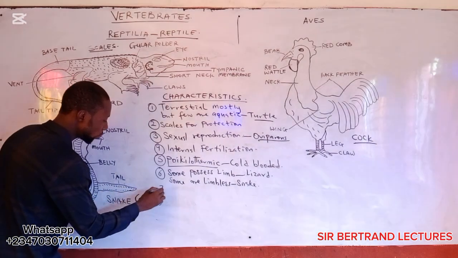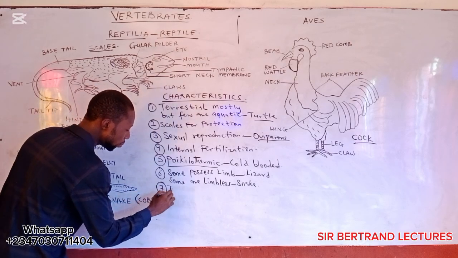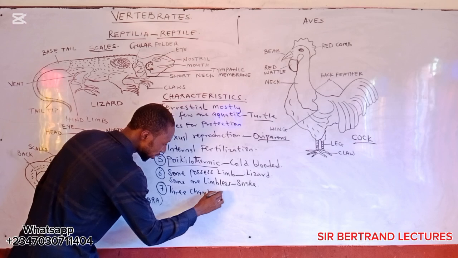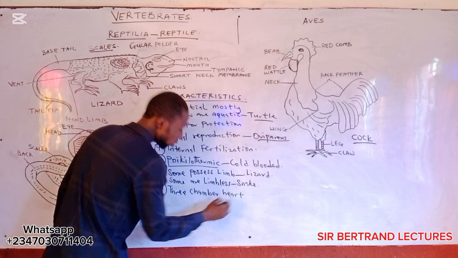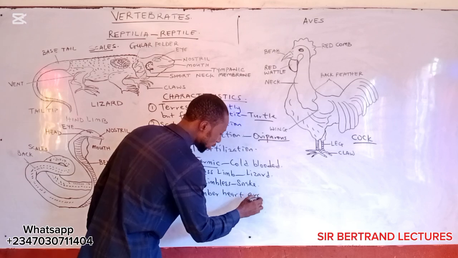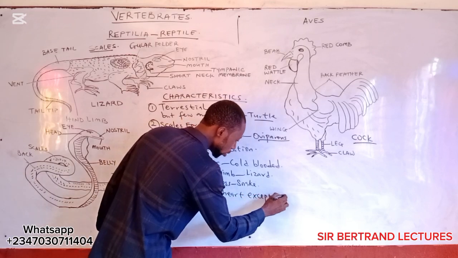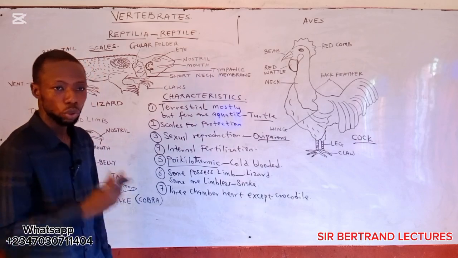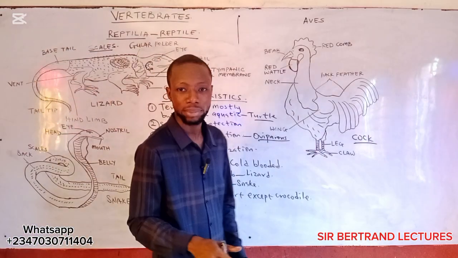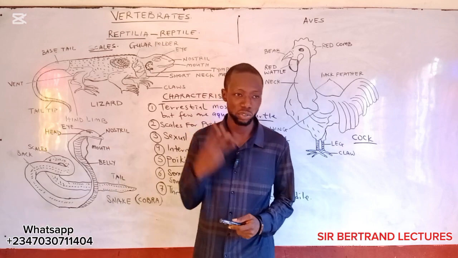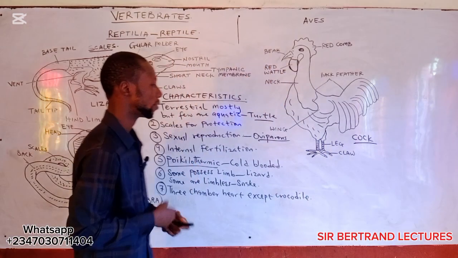Number 7, reptiles possess 3 chamber hearts, except crocodile. Crocodile for now is the only reptile with 4 chamber hearts. Others possess 3 chamber hearts.